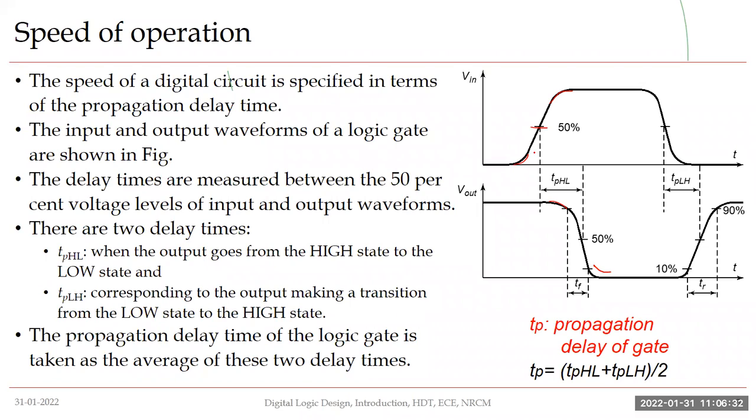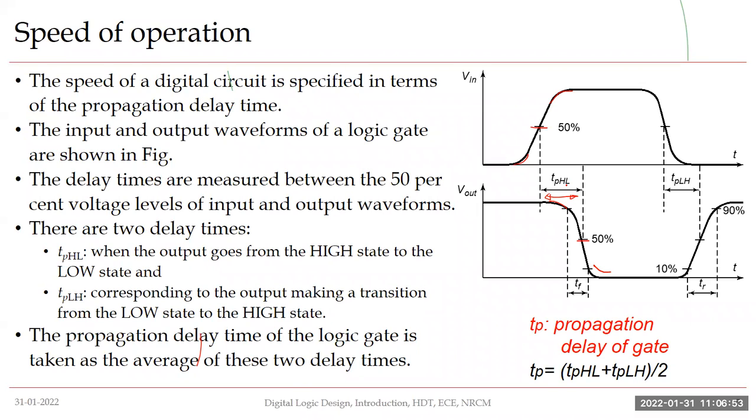Then we wait till the output has changed by 50%. The time gap between those two instances, that means the time between the 50% level change of input and output, is called the delay.